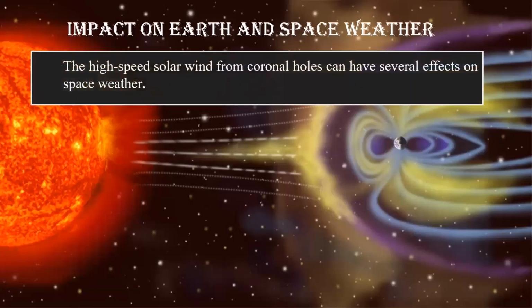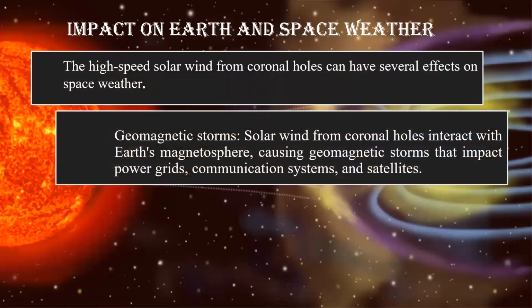Impact on Earth and space weather. The high-speed solar wind from coronal holes can have several effects on space weather, like geomagnetic storms. Solar wind from coronal holes interacts with Earth's magnetosphere, causing geomagnetic storms that impact power grids, communication systems and satellites.